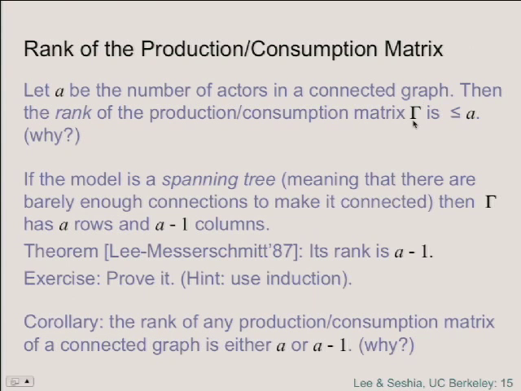Okay? Then there will be exactly A minus 1 columns, because there's A minus 1 connections, and there's A minus 1 rows, because there's one row for every connection, one row for every actor. Okay, if I have a spanning tree, the number of connections is exactly equal to the number of actors minus 1. Okay, that's the minimum number of connections that can yield a spanning tree.